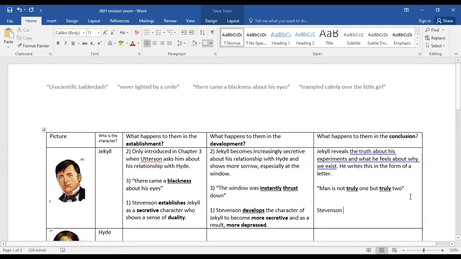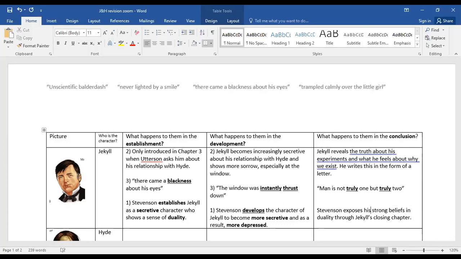Stevenson exposes the strong beliefs in duality through Jekyll's closing.